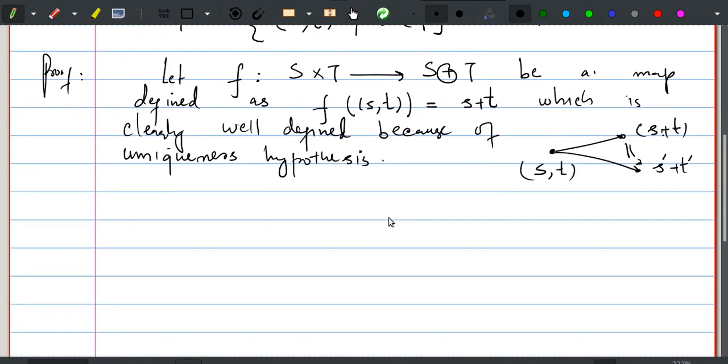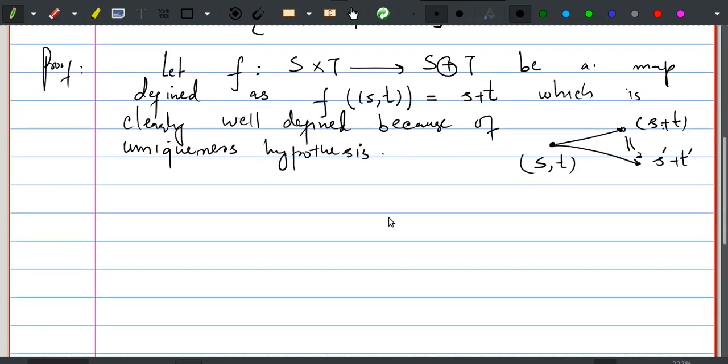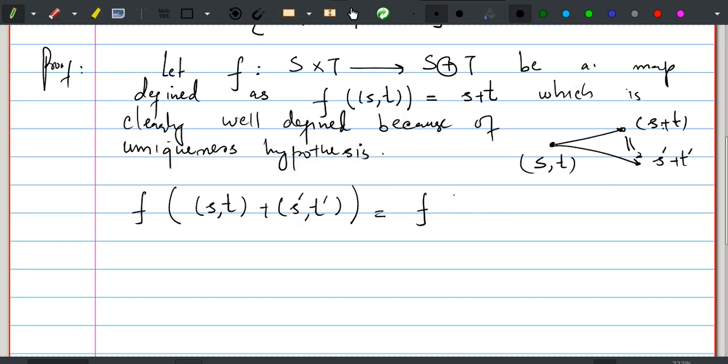Now to prove f is a homomorphism, we have f of (s, t) plus (s prime, t prime). This is the same as f of (s plus s prime, t plus t prime).